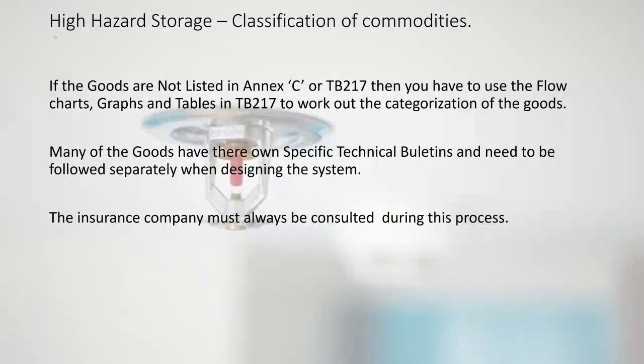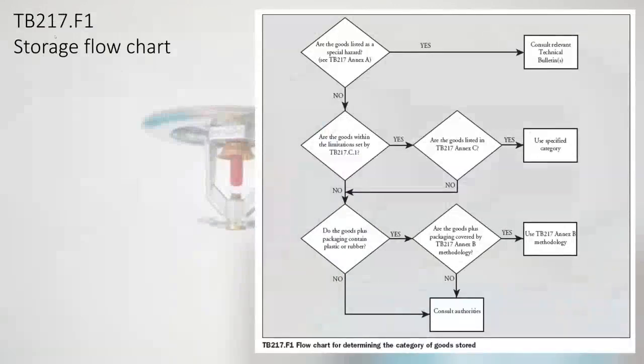Many of the goods have their own specific technical bulletins and need to be followed separately, i.e. palletised pallets, alcohol storage, flammable liquids, all that kind of thing. However, you need to really consult the insurance company on that one. If you follow the flowchart, are the goods listed as a special hazard?